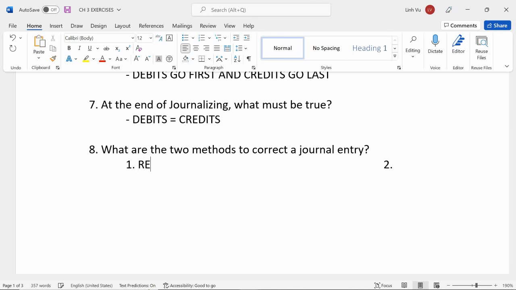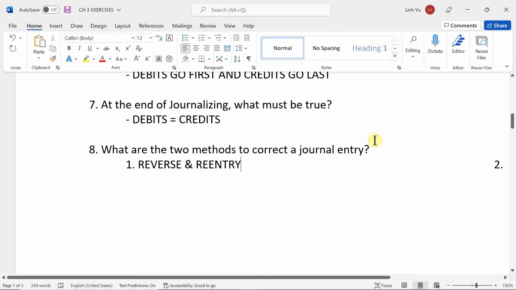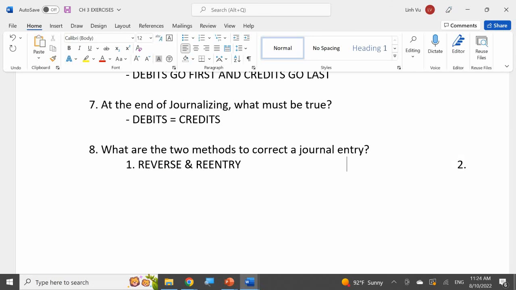Reverse and re-entry. Excellent. And what's the second one? Error cancellation. Yep, error cancellation.